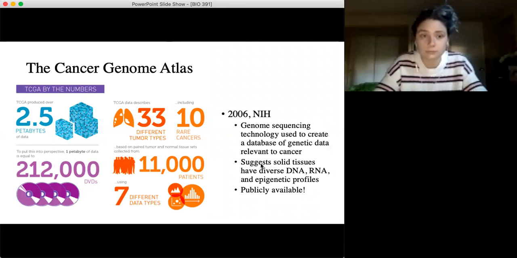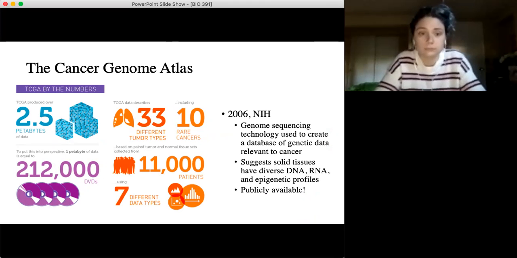So this first piece that I want to talk about, it's not particularly new, but it's super relevant to cancer geneticists. It's the Cancer Genome Atlas, which is a project by the NIH that was started in 2006. This helps researchers who are looking for genetic biomarkers for cancer screening by providing a large database of information.